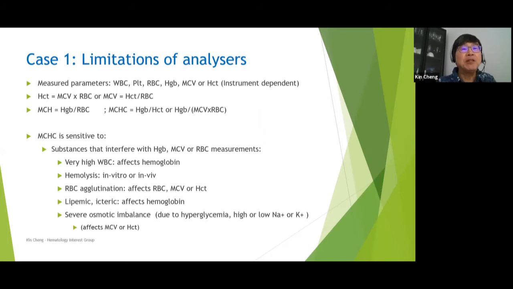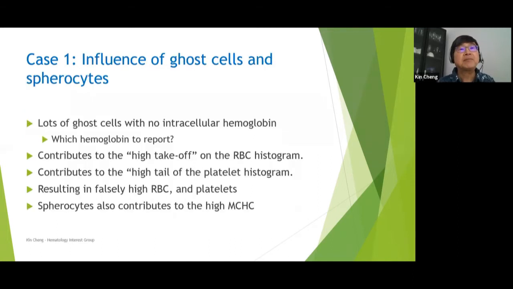These things I'm not going to repeat, because most of you know what MCHC is sensitive to. One thing I do want to draw your attention to is the osmotic imbalance, that is high or low sodium and potassium, but that's a different topic, because this case doesn't involve this kind of interfering substance.